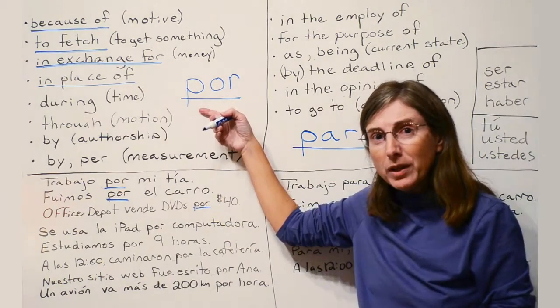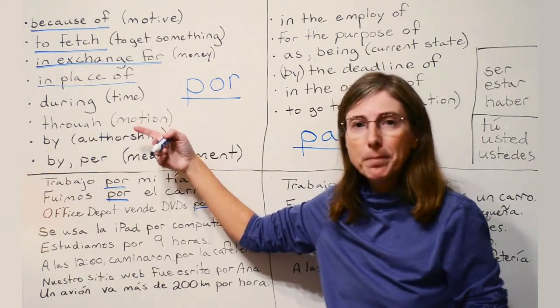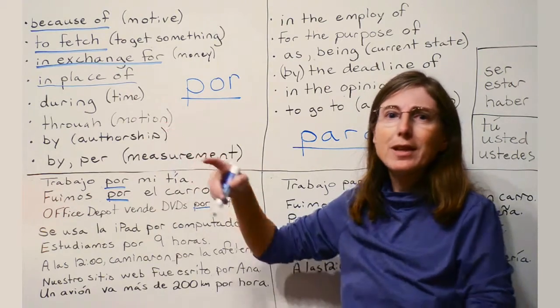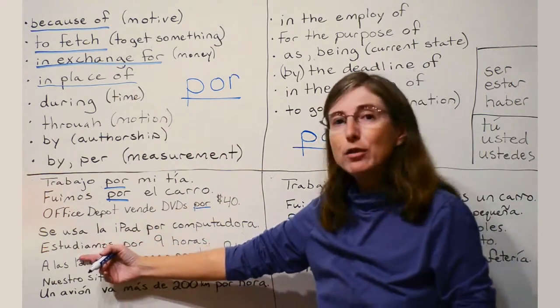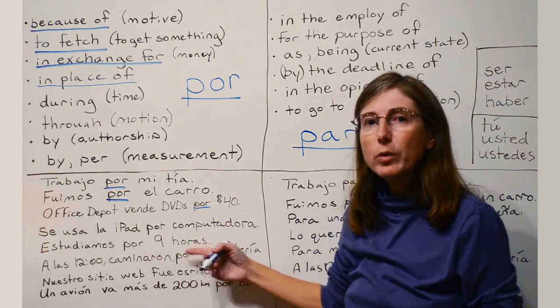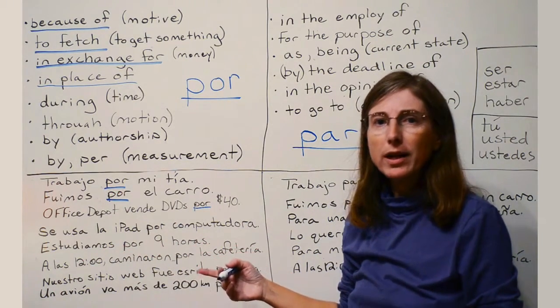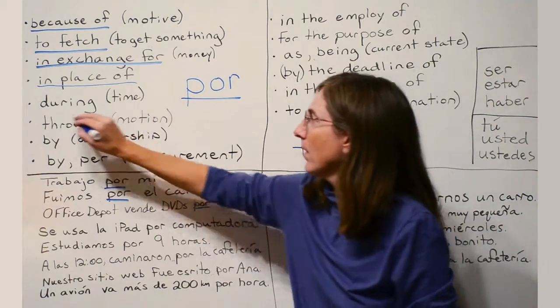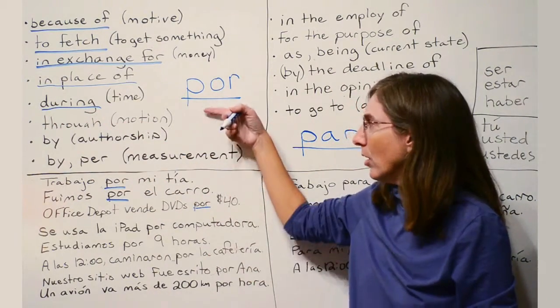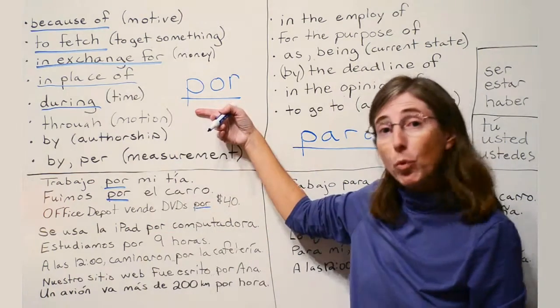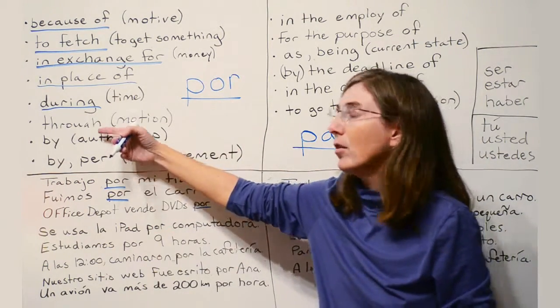Por can also mean for a duration of time. Estudiamos por 9 horas. We studied for 9 hours. Por can also mean through.